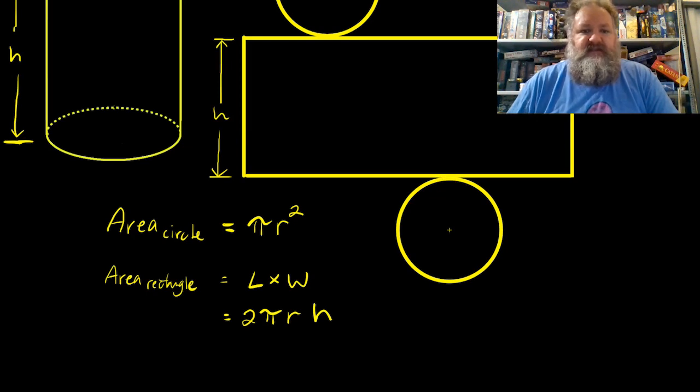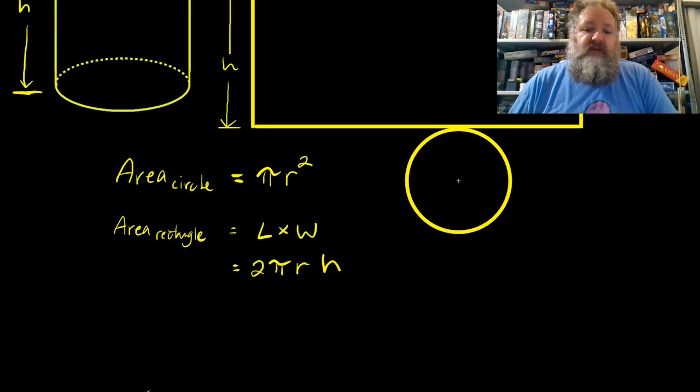Because the distance from here all the way to the other side can be wrapped around the outside of that circle. So the distance for the length is really equal to the circumference of the circle, which is 2 pi r. So the area of that rectangle then will be 2 pi r times the height, the h.